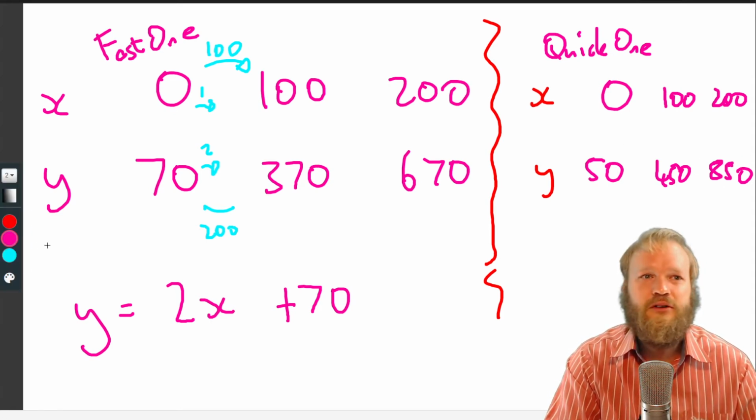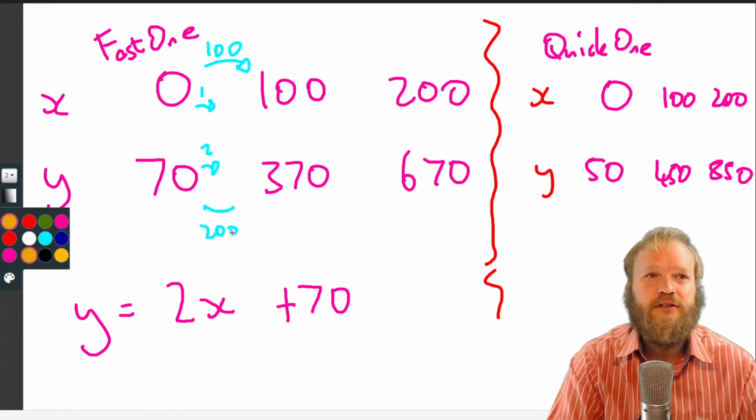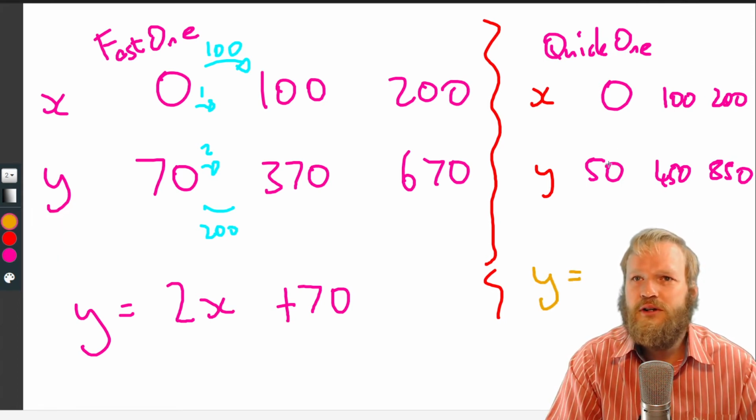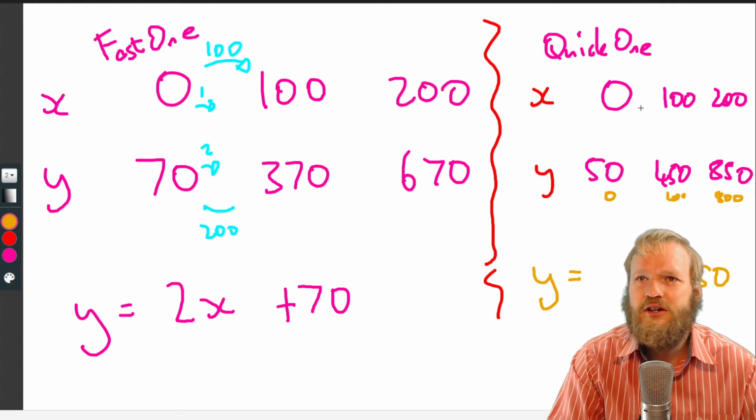Okay, so for this one we'd have a different formula: y equals, well, if we haven't gone anywhere, we've added this 50. So I'm going to subtract 50 here to go 400, just for our working out. So we know that to get from 0 to 100, we've gone up by 400.